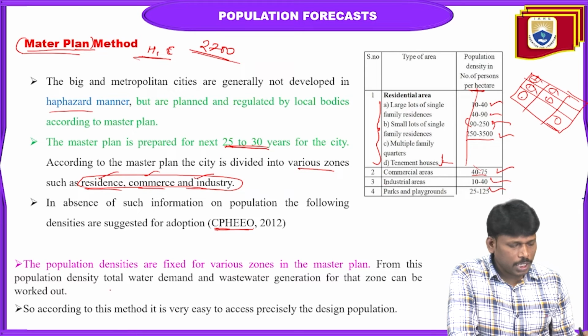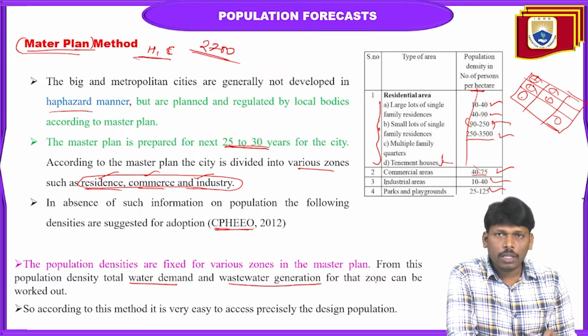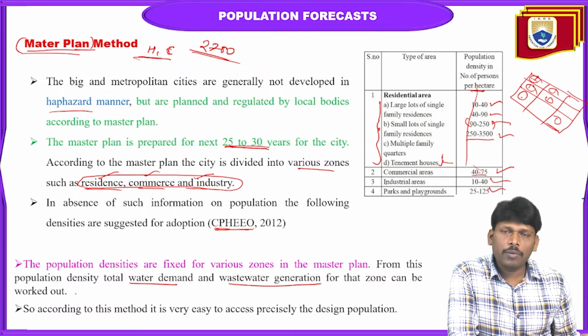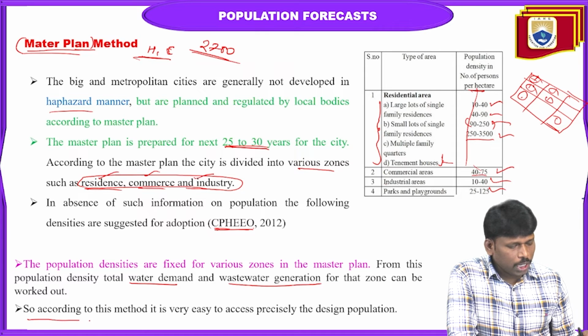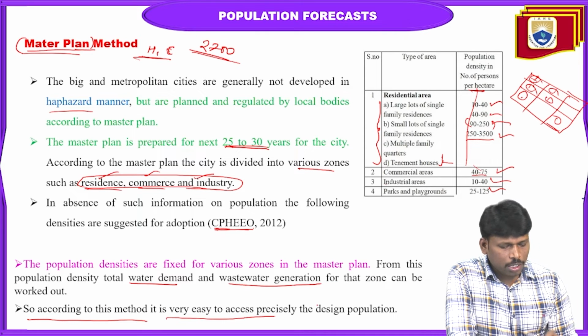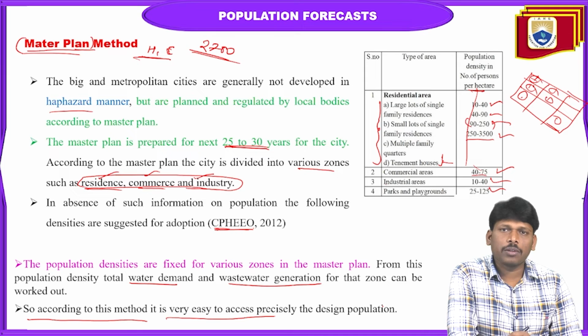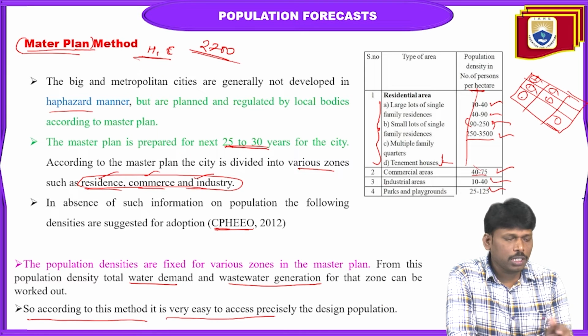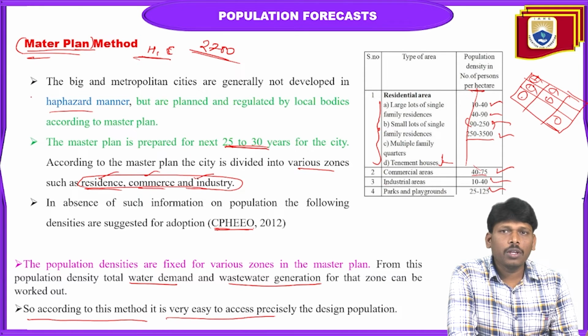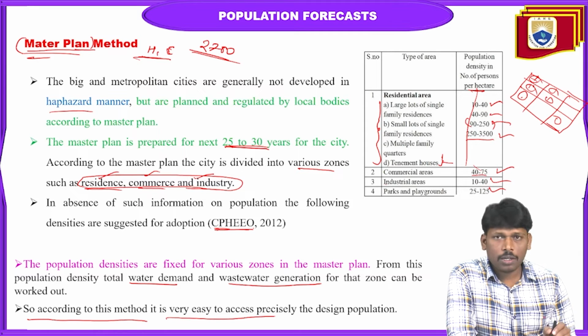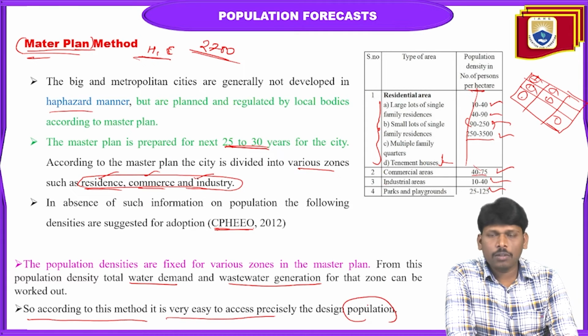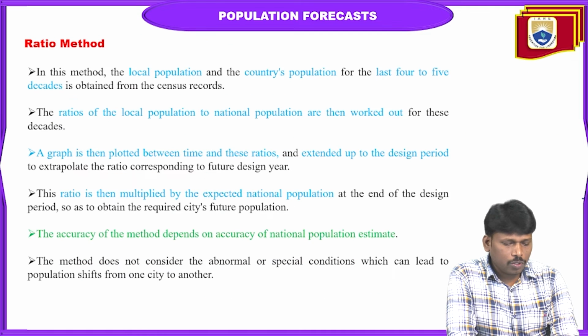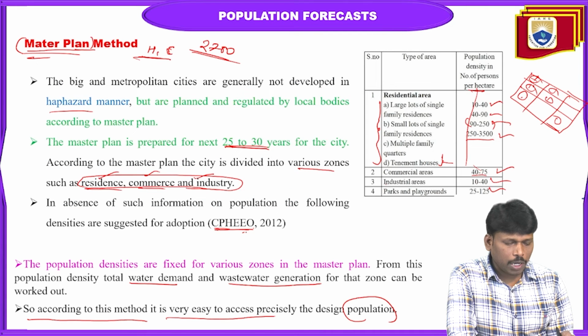From this population density, the total water demand and wastewater generation we can easily calculate and estimate. According to this method, it is very easy to assess precisely the design population. Compared to the other methods, this master plan method is very useful and very easy to assess the design period and to estimate the population for n decades. This data you will get from this manual.